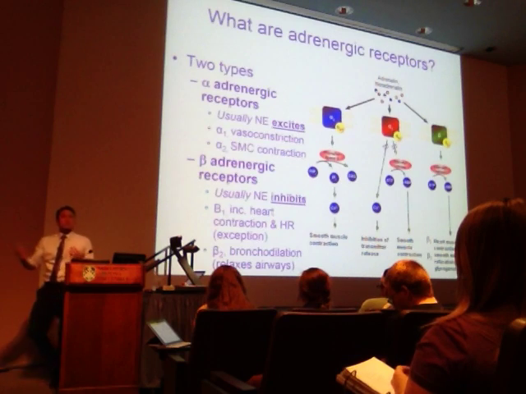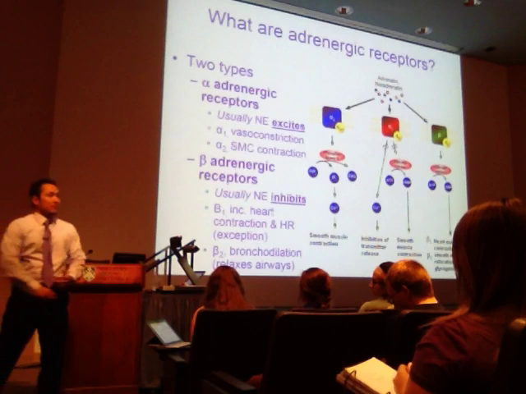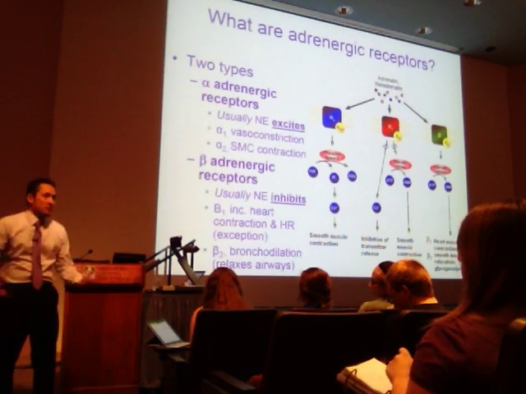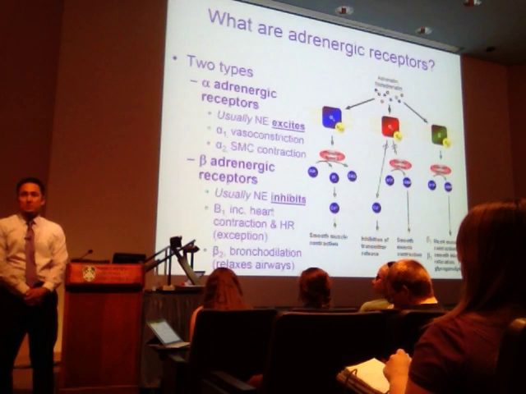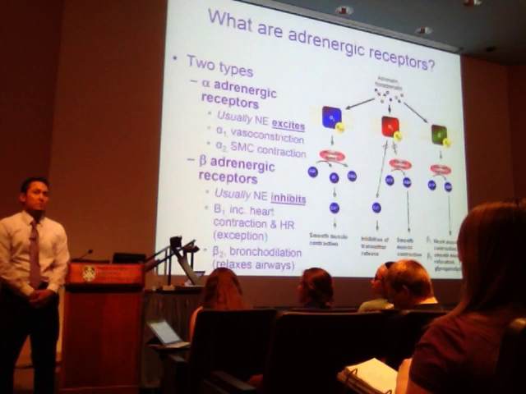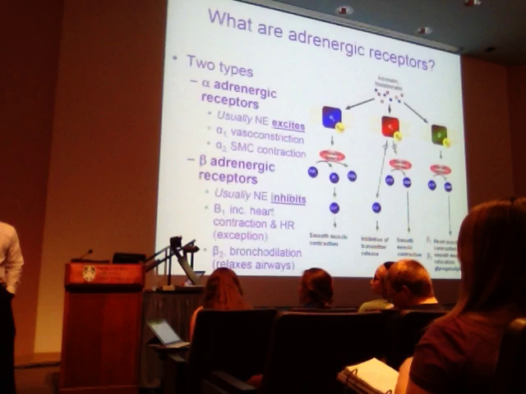So this is our side effect pharmacology. Now, if you had a patient that had heart compromise, like was in congestive heart failure, do you want to give them lots of albuterol? No. So this is why this kind of stuff actually does matter.